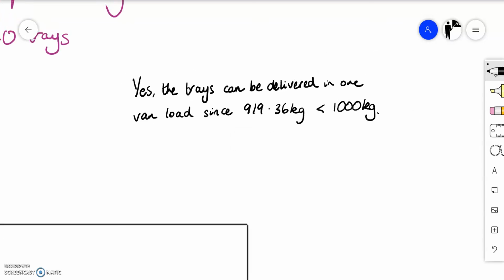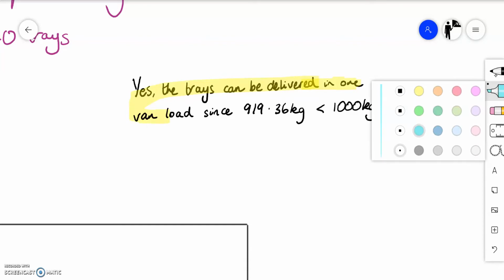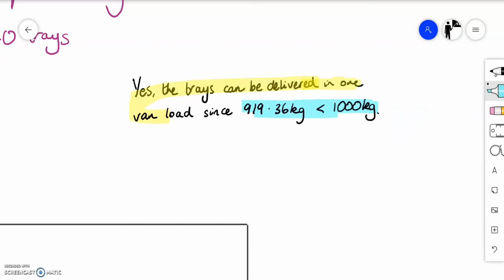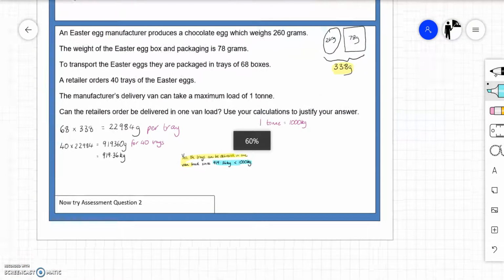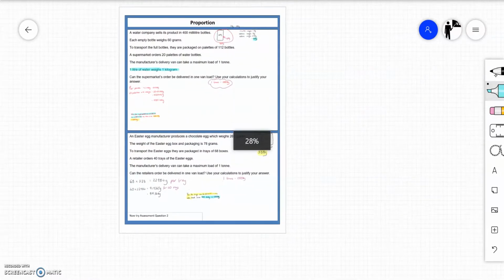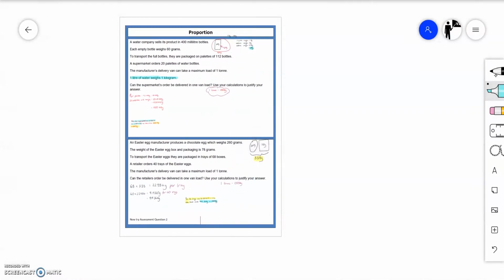Once again, when we're answering these sort of questions, we need to refer to the context, and then we need to have a numerical comparison. Hopefully that's been a wee bit helpful. Sometimes it's quite hard to unpack this information, but diagrams will help give you an idea and understanding of what you need to do. Thank you very much.